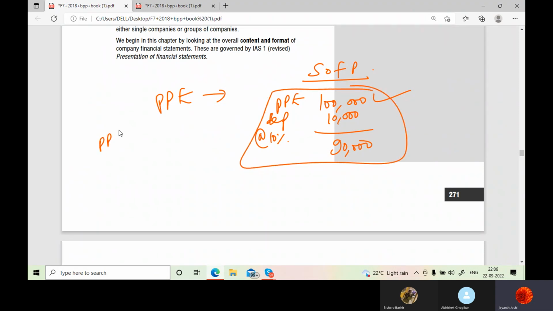You just have to write PPE 90,000, and the additional information regarding the depreciation, which is at the rate of 10%.